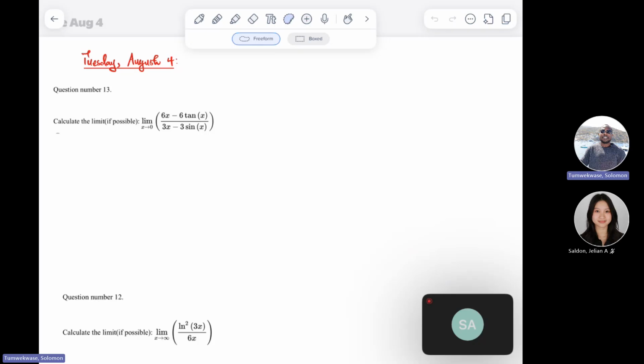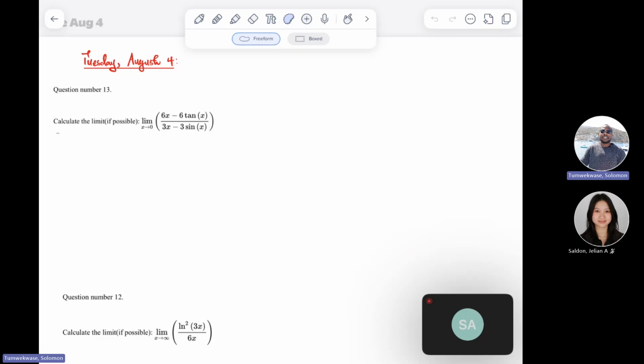Question 13, we want to find the limit of this function, and I think quiz 29 is all about L'Hopital's rule, so you should be able to know when to use L'Hopital's rule.